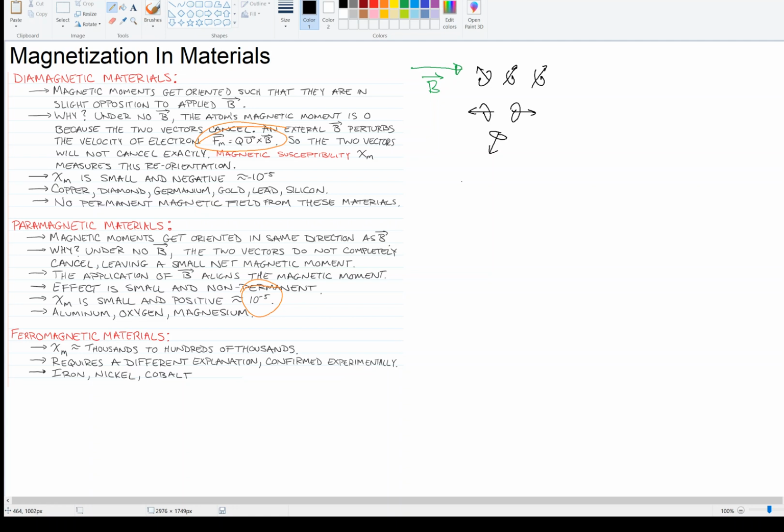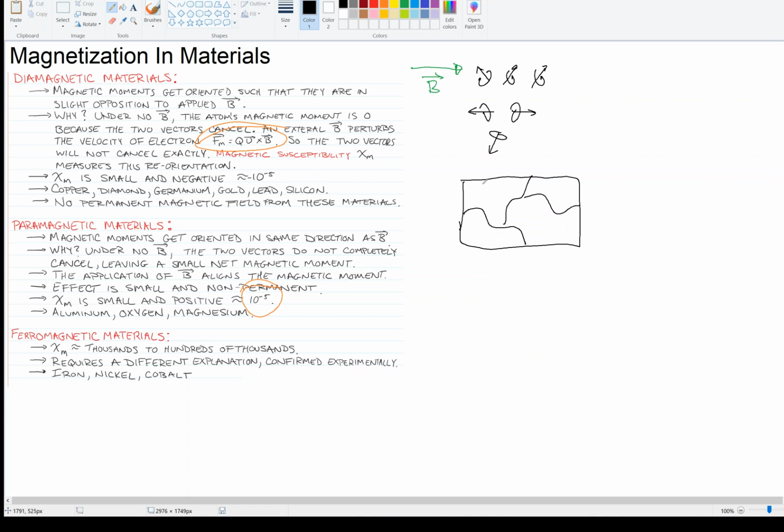So here's the explanation: the material consists of domains, and a domain is defined as an area in the material whose dimensions are a few microns, and they contain maybe 10 to the 15 atoms. Each domain has all of its magnetic moments aligned in the same direction. This is just confirmed by experiment.